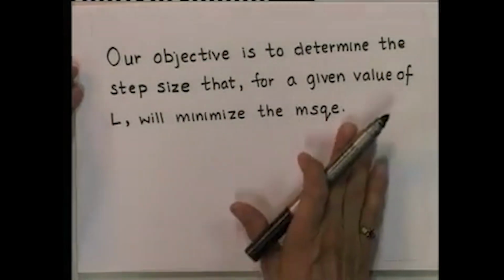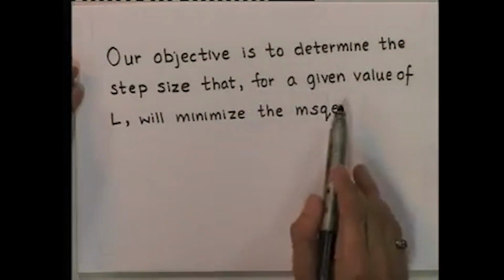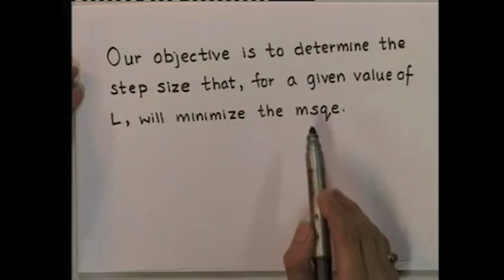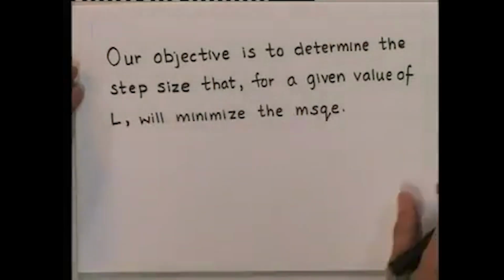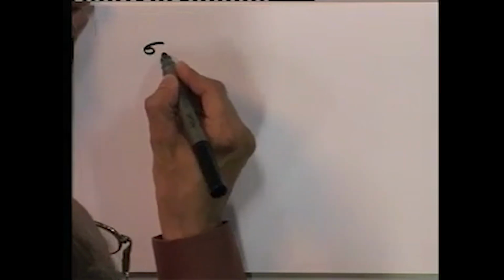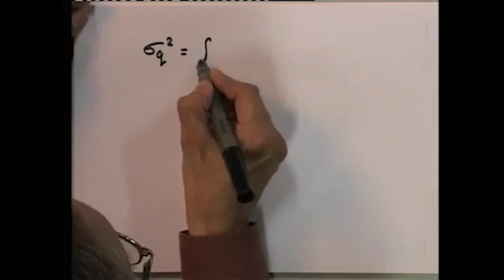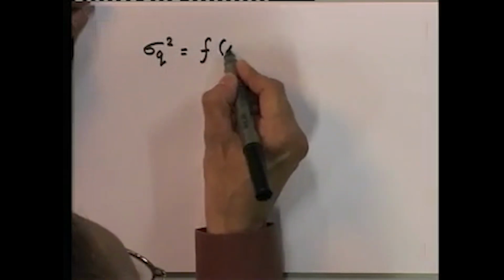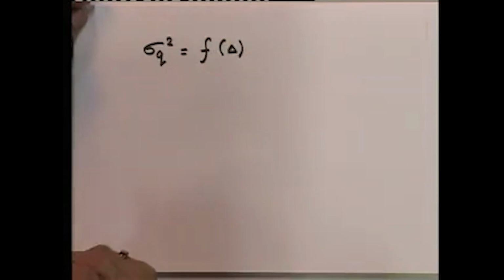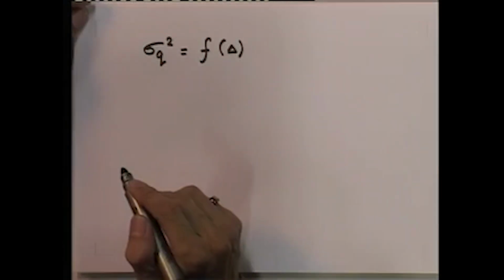Now, the simplest way to achieve this is to write the distortion as a function of the step size, and then minimize this function with respect to the step size.